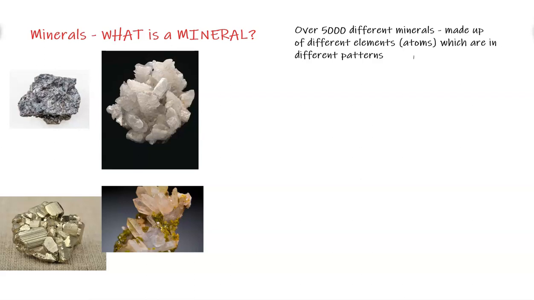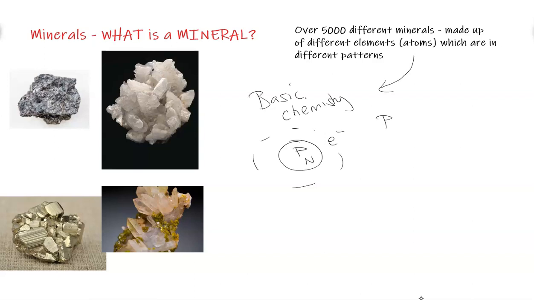So let's look at the atom. Okay, so looking at basic chemistry. The atom has a nucleus, which has a proton and generally a neutron, and an electron that's flying around the outside, right? Now, there's different models to show this, but we basically need the proton, the neutron.